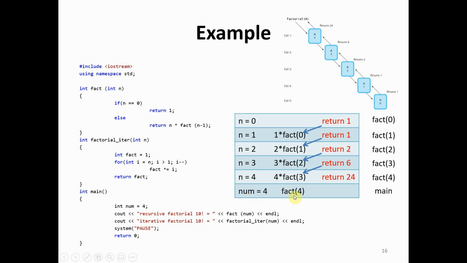We try to find factorial 4. In order to find factorial 4, we have to find factorial 3, and it makes the problem smaller until we get to a base case, right? And then we return 1, we return 1, then return 2, return 6, and so on, return 24 finally.